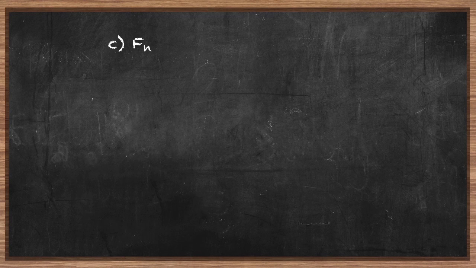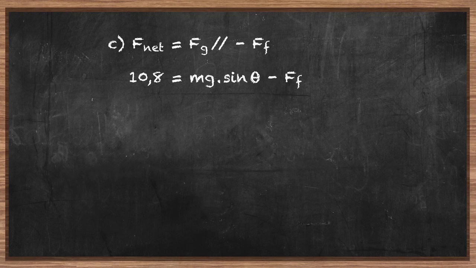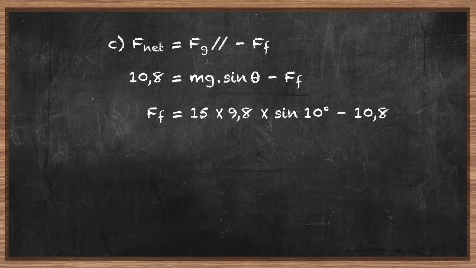And part C, the net force is equal to the component of weight acting parallel to the surface of the plane minus friction. The component of weight is given by the weight m times g multiplied by the sine of the angle of inclination. The component of weight parallel to the plane is equal to 25,53 newtons.